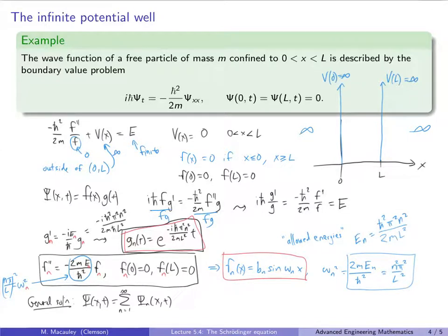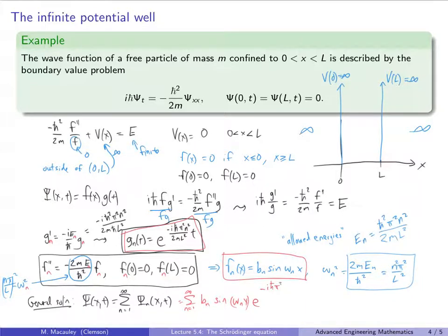So we get a superposition, this infinite sum, which is, I'll do this in red, n equals 1 to infinity of, let's say, Bn sine of omega n x, and again omega is the square root of 2m En over h bar squared. If you want to, you can. It's just easier to write it with omega, times e to the negative i h. I should have used omega in.